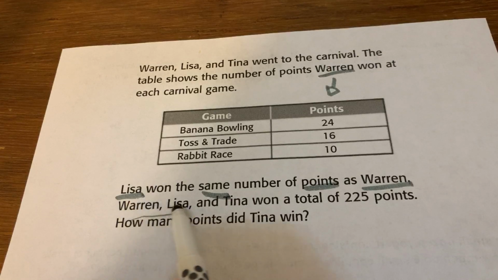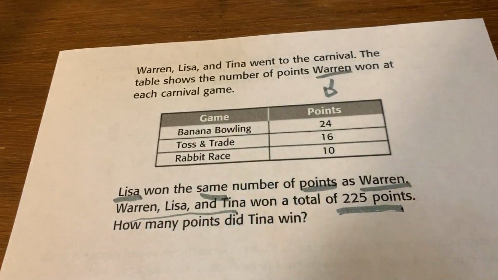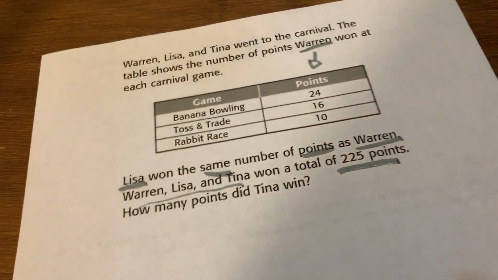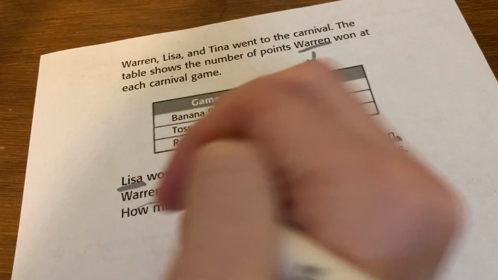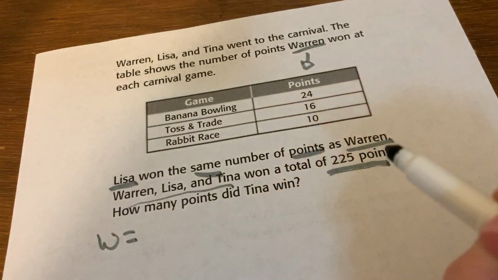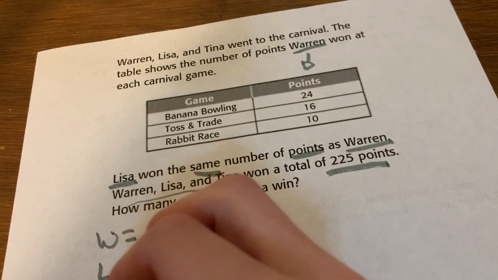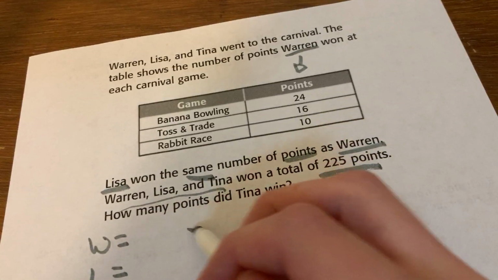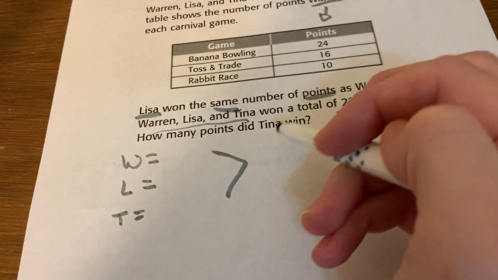In all, the three of them won 225 points. We need to know how many points Tina won. So we need to figure out how much Warren won, because Warren won the same as Lisa, so that we can figure out how much Tina won.